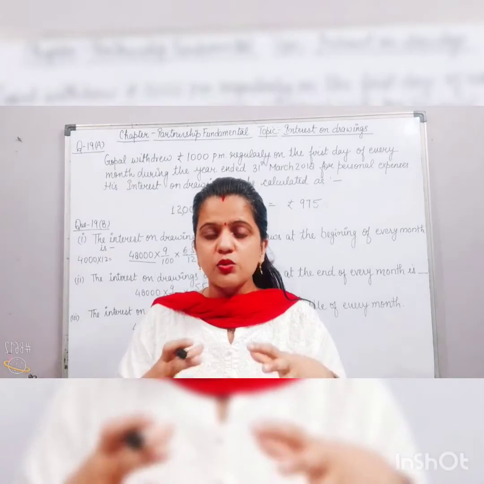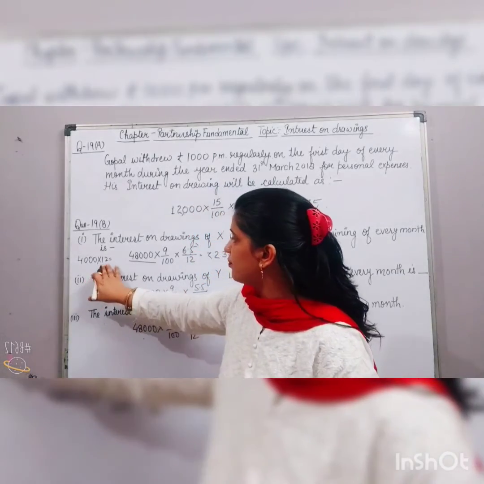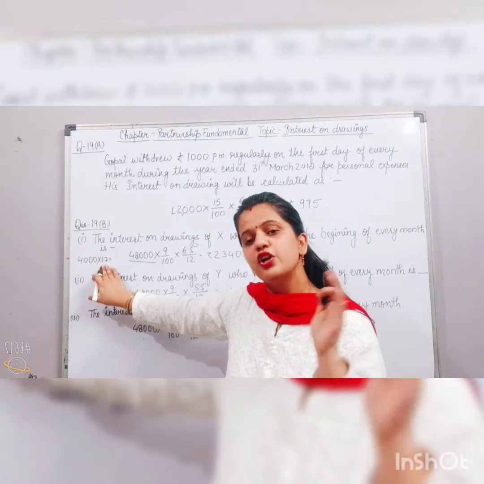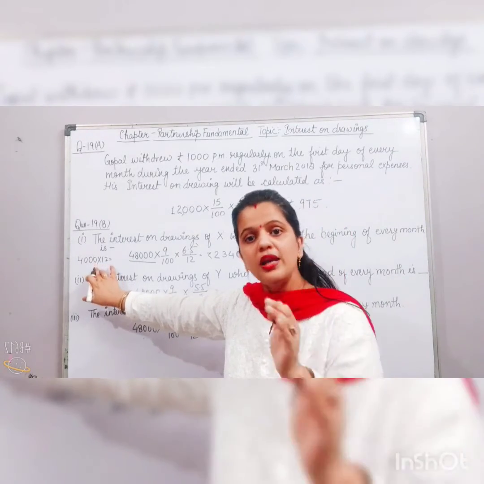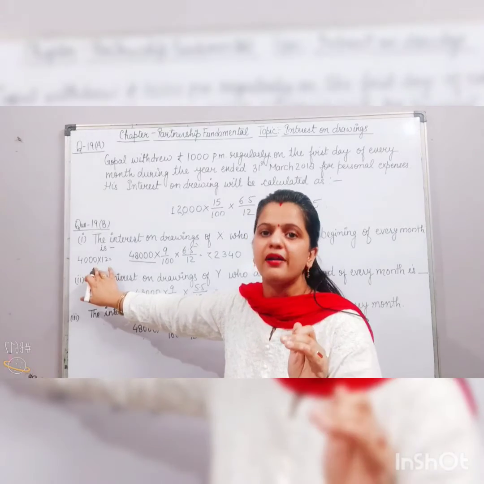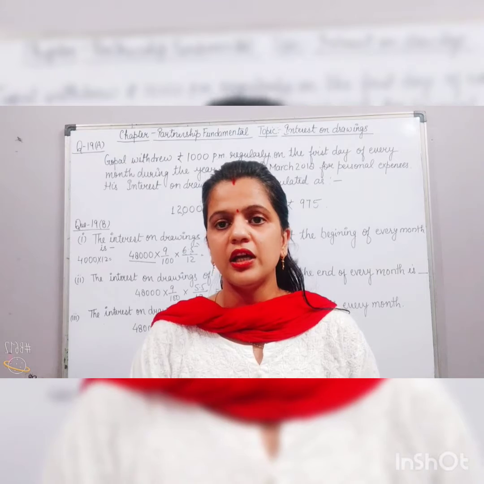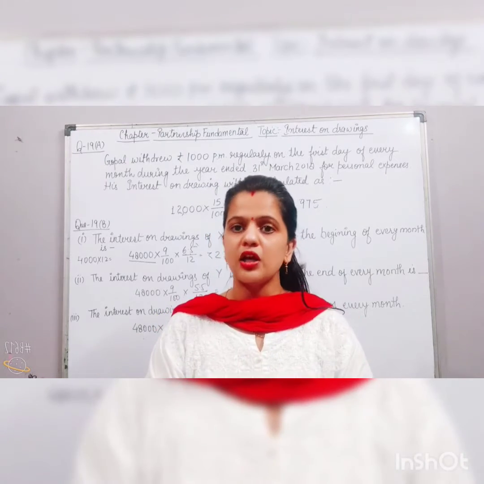So in this way, we have multiplied it by 12, because he has withdrawn this amount the whole year on a fixed pattern, right? So keep in mind what is given in the question.